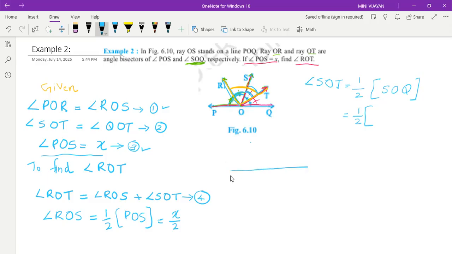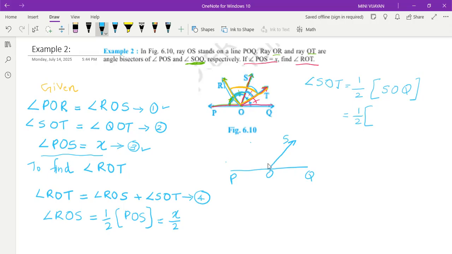I'm drawing the figure again. This is the line PQ and OS is the ray that stands on the line PQ. So here it is S. POQ is a line. OS is the ray that stands on the line PQ.